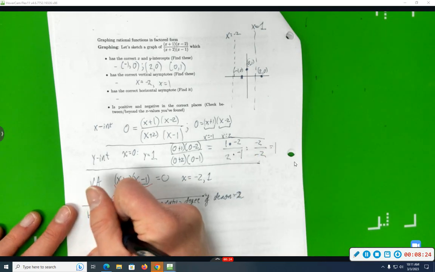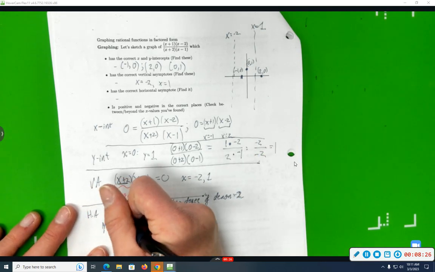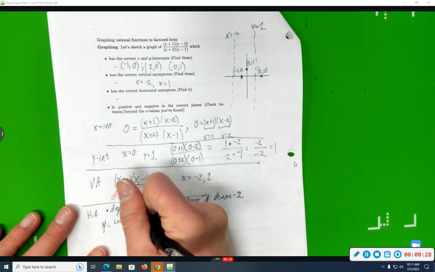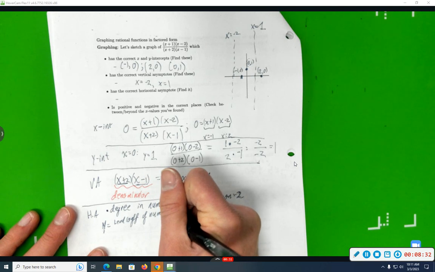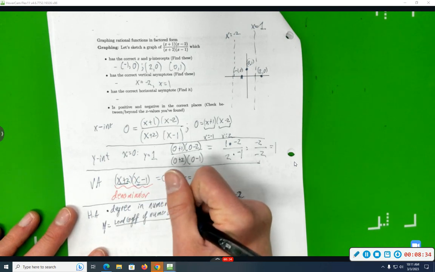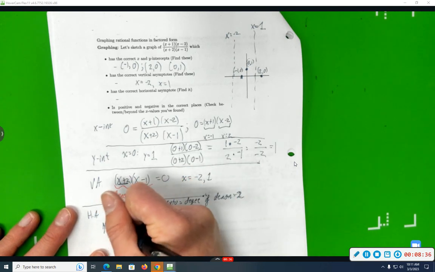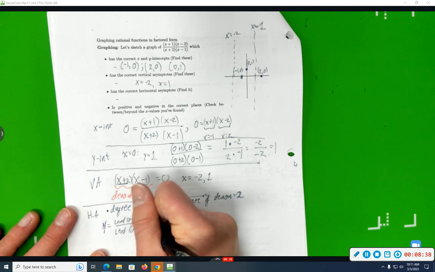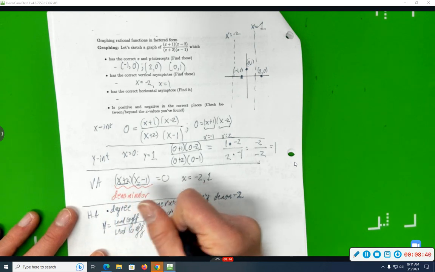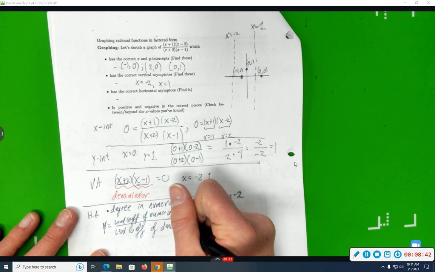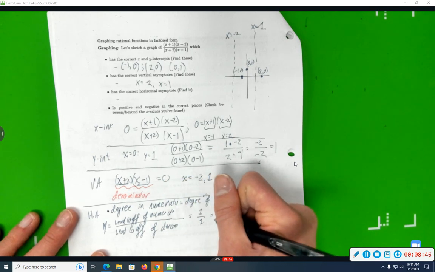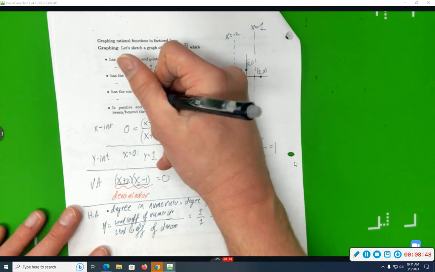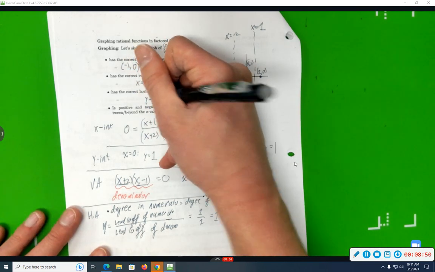So the horizontal asymptote will be at y equals the leading coefficient of the numerator divided by the leading coefficient of the denominator, which will be 1 over 1. That fraction is 1. So, horizontal asymptote is at y equals 1.